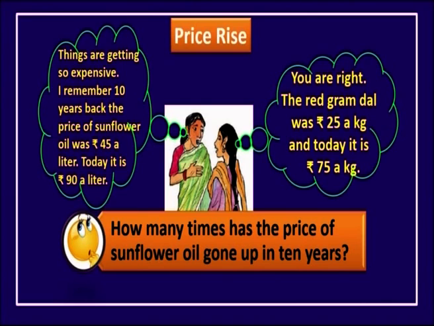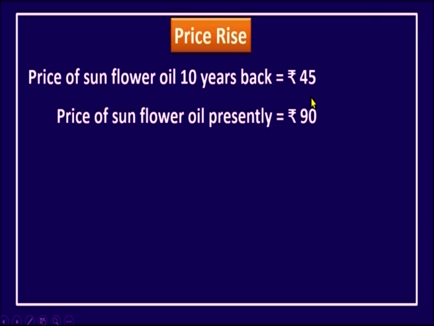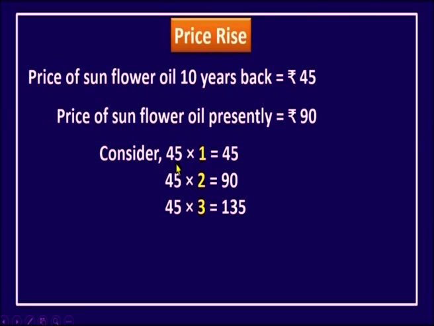How many times has the price of sunflower oil gone up in 10 years? Let us calculate, children, now. So what is the price of sunflower oil, children? 10 years back it was 45 rupees. And what is the present price, children? 90 rupees. Now let's see, 45 into 1 is 45, 45 into 2, 90, 45 into 3 is 135.